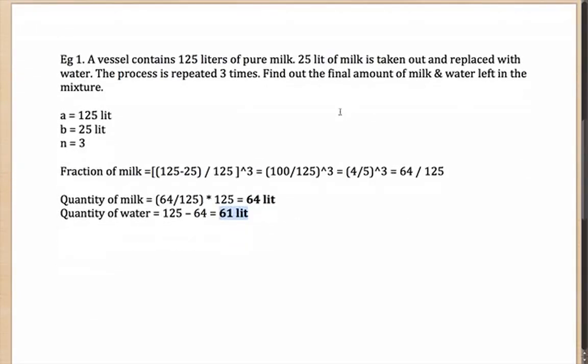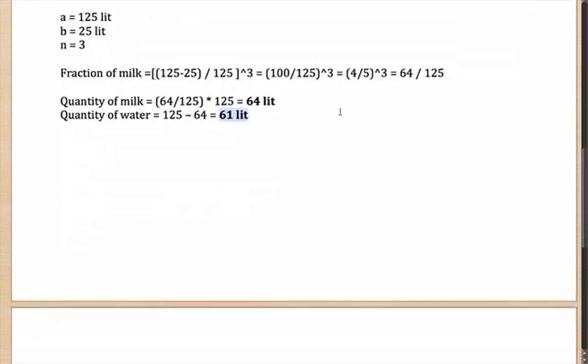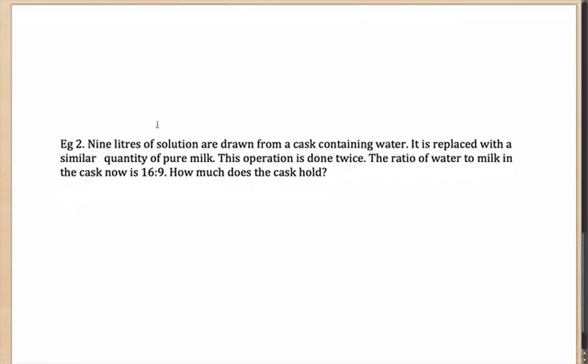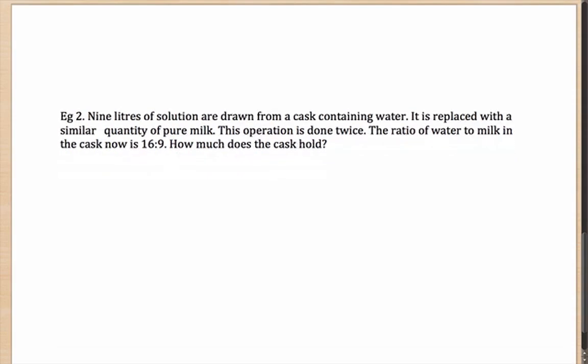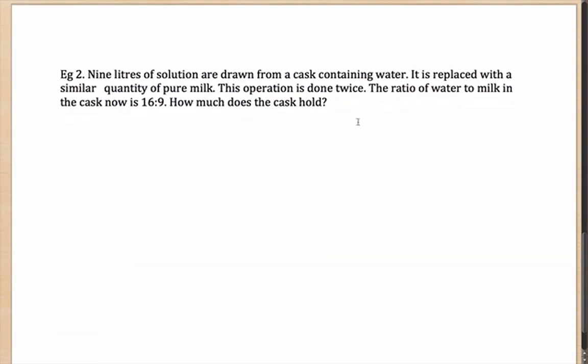Let us look at something a little more difficult. Say here, I am given that 9 liters of solution are drawn from a cask containing water. It is replaced with a similar quantity of pure milk. See, now what are we doing? We initially have water.